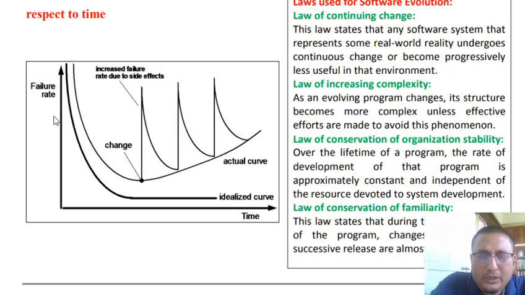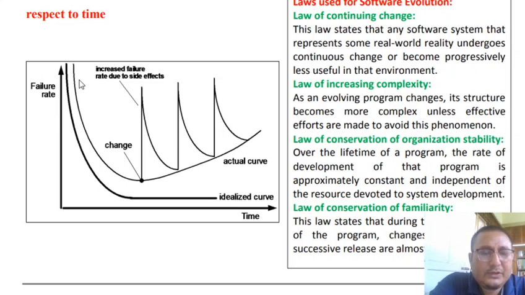Now if you closely look at this particular graph, there are two curves that are highlighted. One is called the idealized curve and the other one is called the actual curve. Okay, so it basically represents the curve that is ideally expected from the software system, and a curve that is actually exhibited by the software system with respect to time in terms of failure.